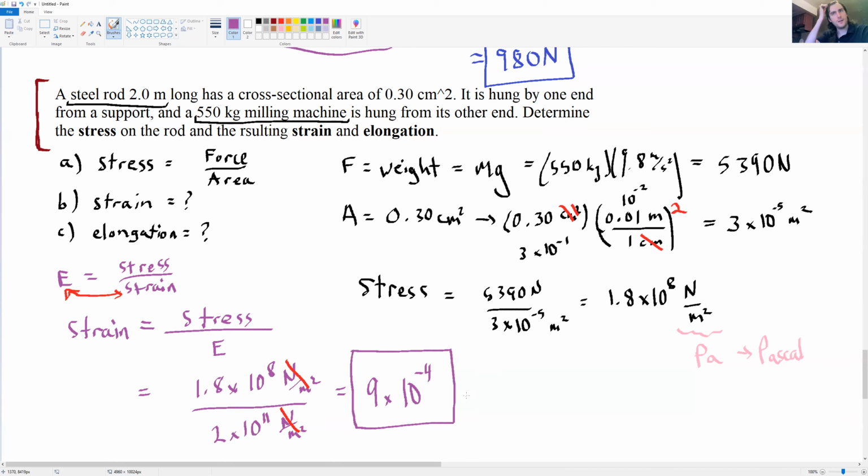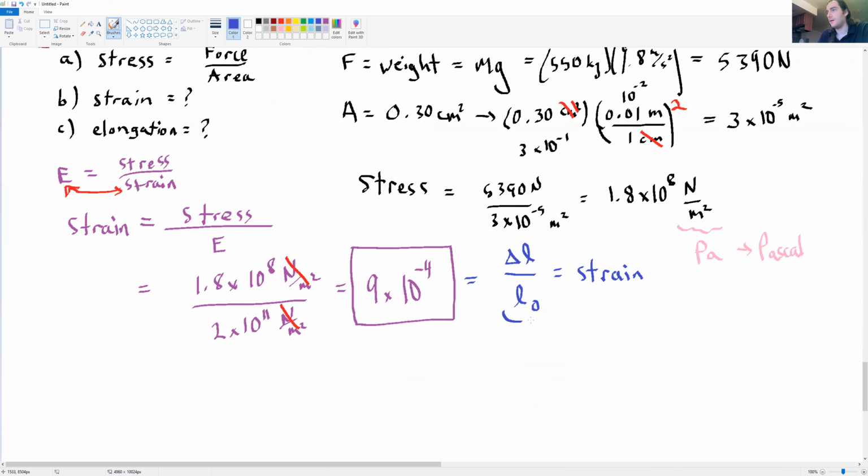To get part C, the elongation, that's delta L. So this here is the strain, and, we're switching parts, so let's switch colors. The strain is defined as delta L divided by the initial length. That's how we're going to find the elongation. So this is delta L over L0 is strain.